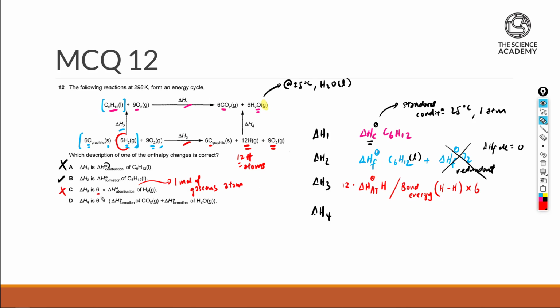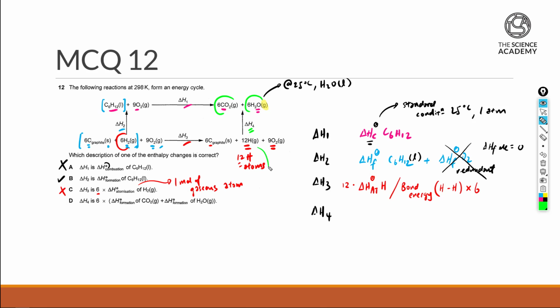So everyone, this is where the definition becomes very, very imperative for you to understand styles of questions like this. Now in the last set over here, we're looking at delta H4. So in delta H4, we do have 12 hydrogen, together with 6 of your carbon, to form your CO2 as well as H2O. So at first glance, it could be seen as a form of enthalpy of formation.